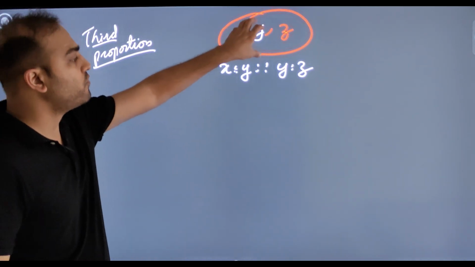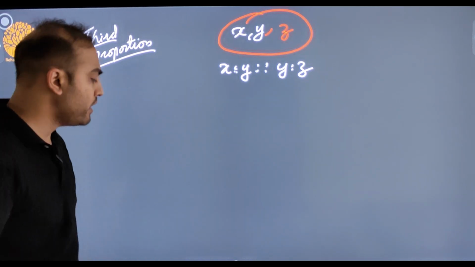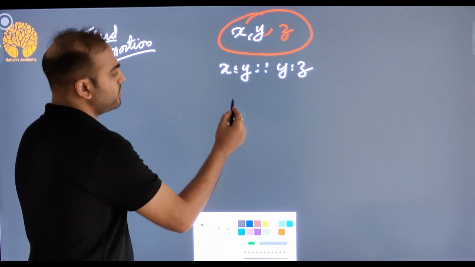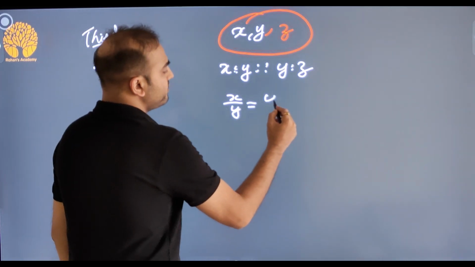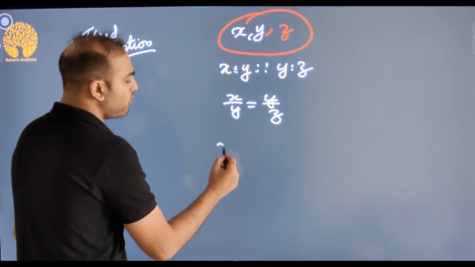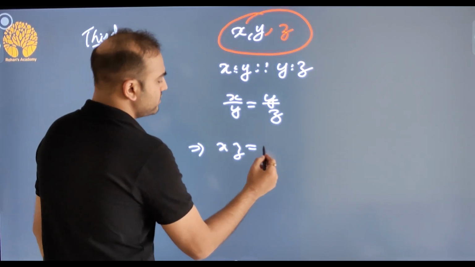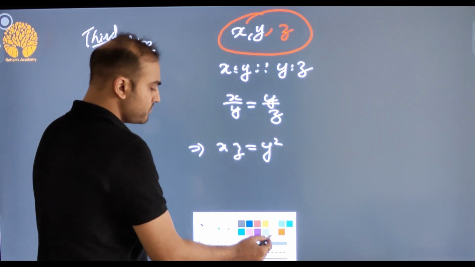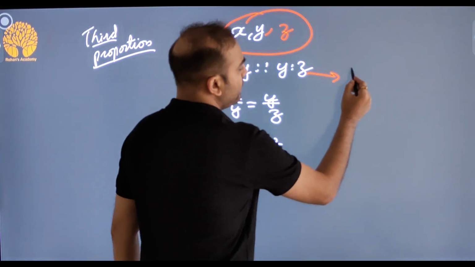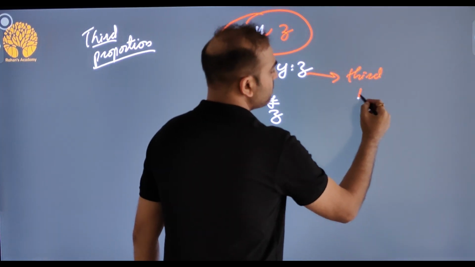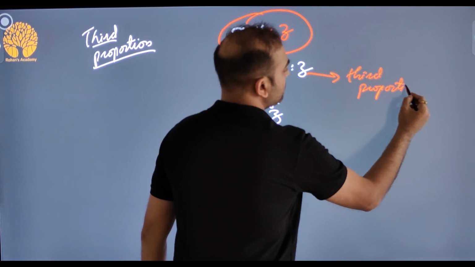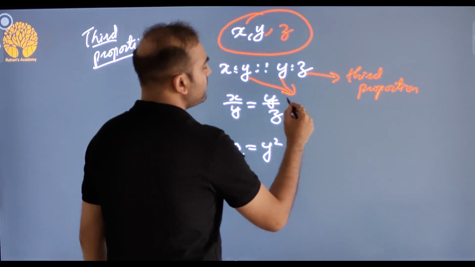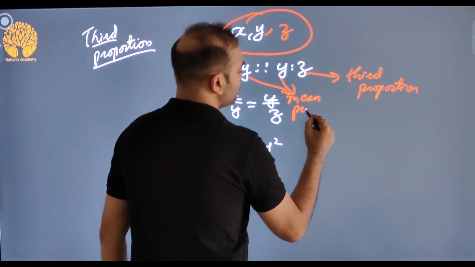The value of y duplicates. If you solve it, that is x over y is y over z, or xz is equal to y square. Now here z, as it is the third number, is called third proportion, and y, because it is the middle number, is called mean proportion.